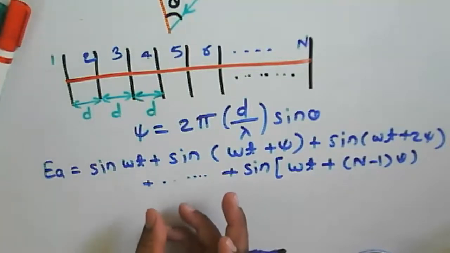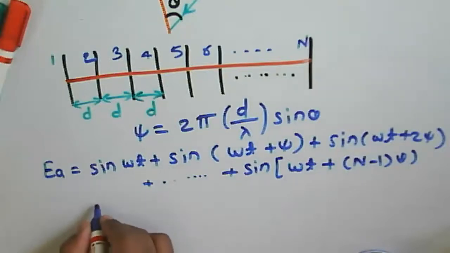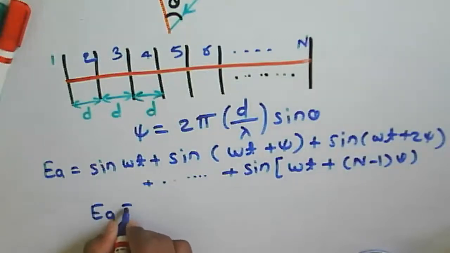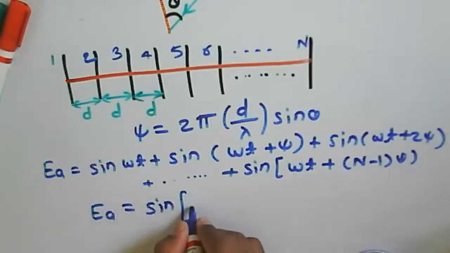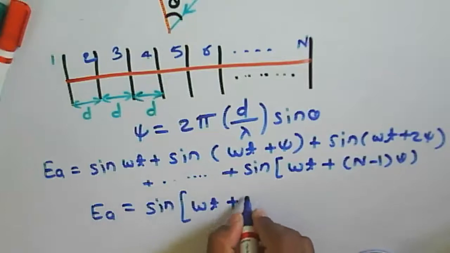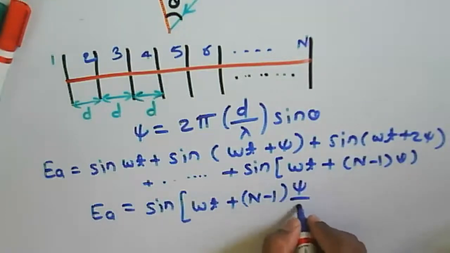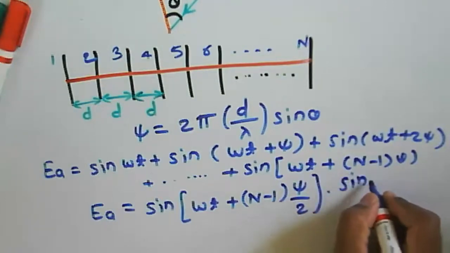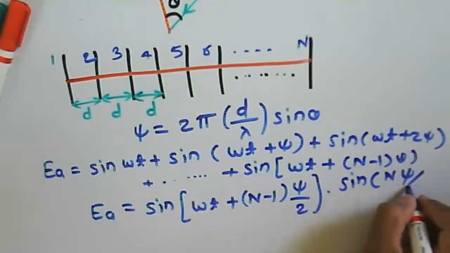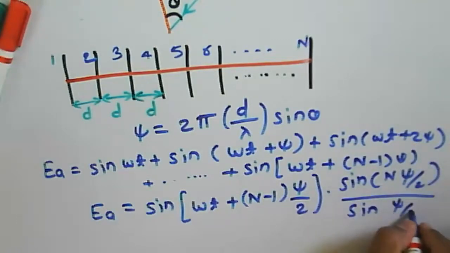And we can rewrite the term E_A with respect to sine of omega t plus (n minus 1) psi by 2, where psi is the phase difference between each and every element, times sine of n psi by 2 divided by sine of psi by 2.